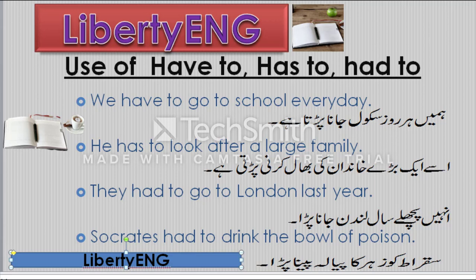These structures show when we are bound to do work. In present sentences, we use has to, have to, while in past sentences, we always use had to.